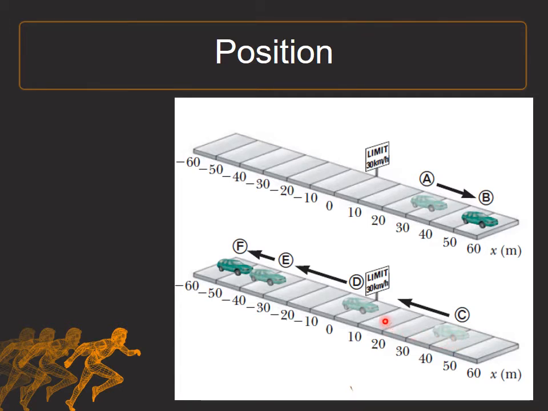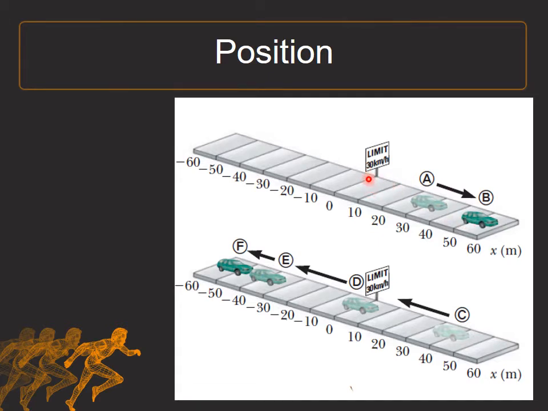Position D is exactly at the 0 or the reference point. So, 0 meters. E is negative 40. Negative 40 because it is before the origin. So the convention is, if it is to the right of the origin, it is positive, a positive position.